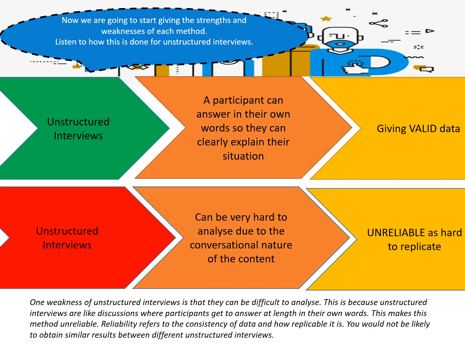We need to be able to write things like this in your paragraphs. One weakness of unstructured interviews is that they can be very difficult to analyse. This is because participants get to answer at length in their own words. This makes the method unreliable. Reliability refers to the consistency of data and how replicable it is.